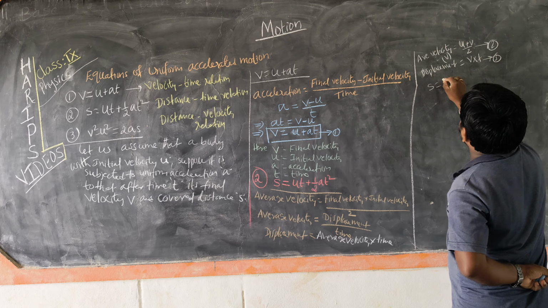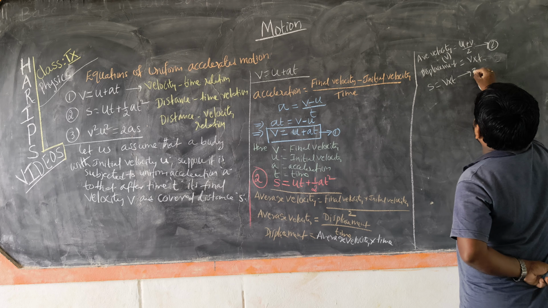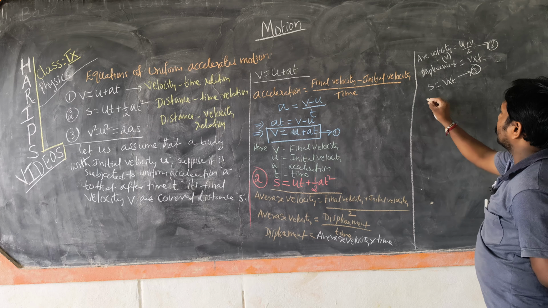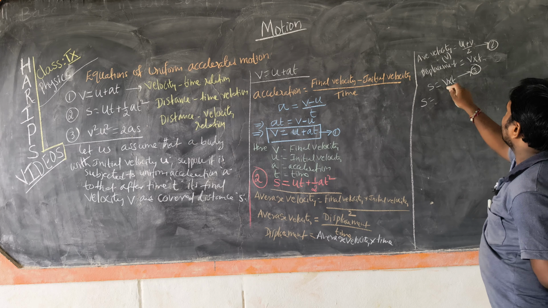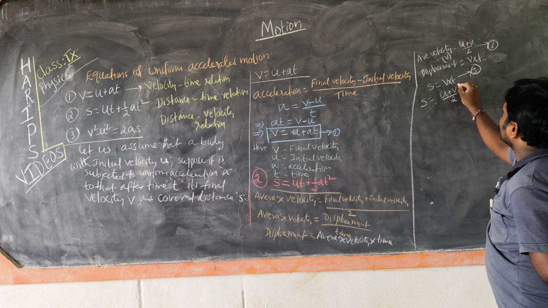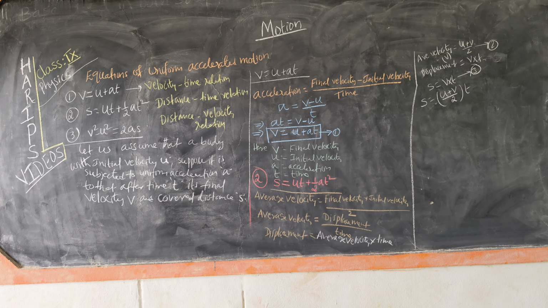It is the third equation. So s is equal to u plus v by 2 into t.